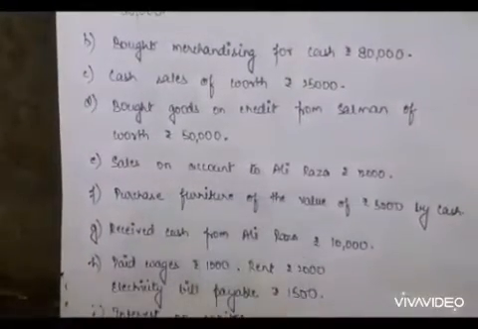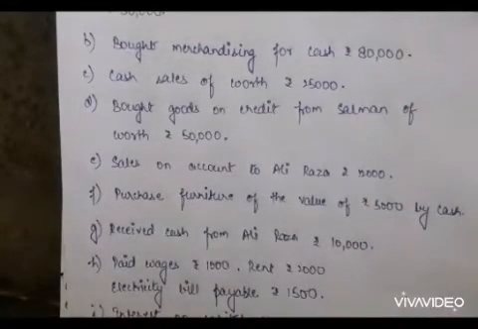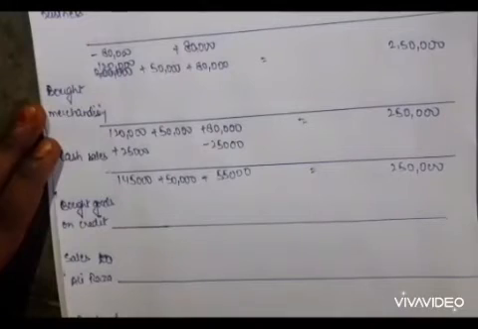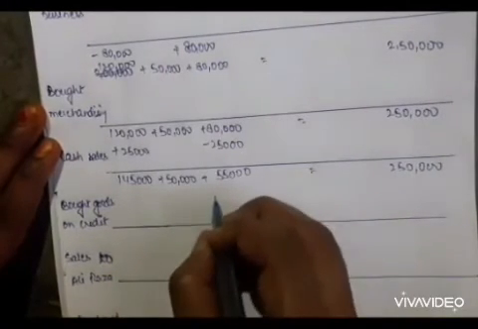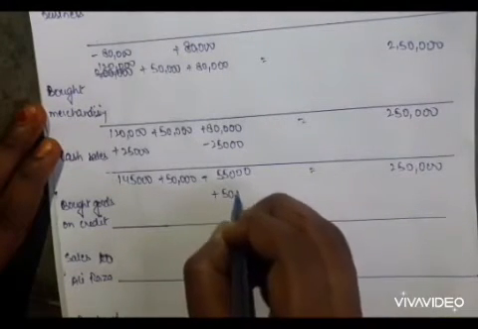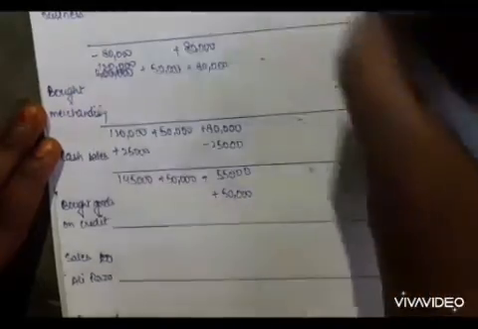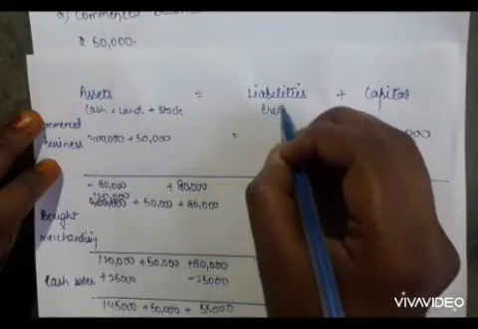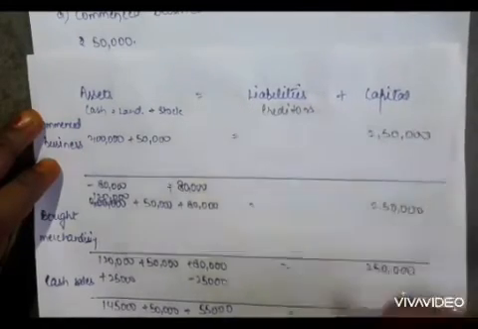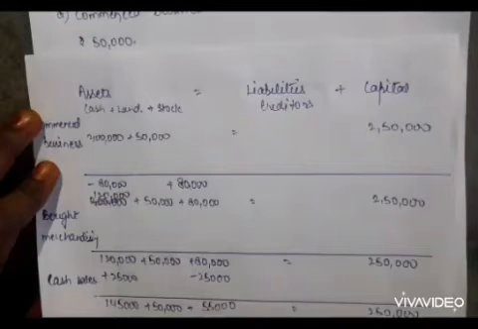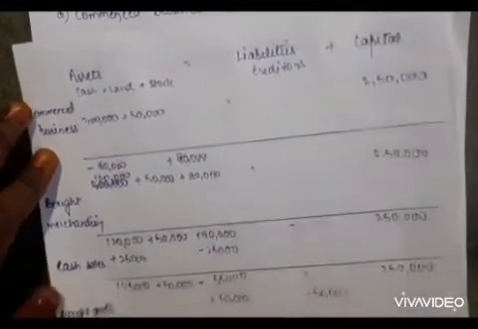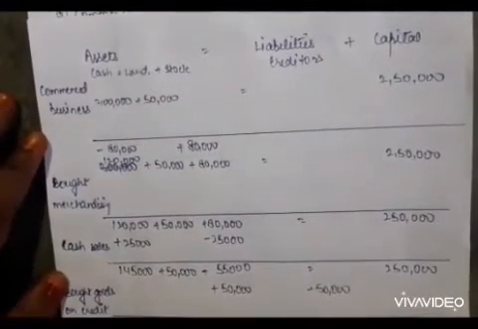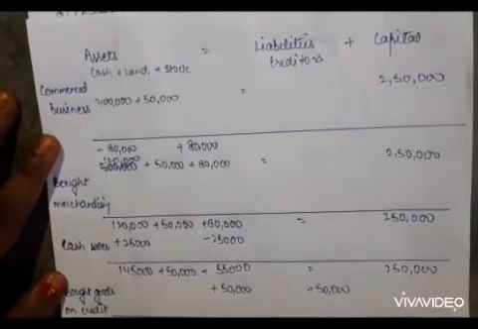Okay, now the next transaction we have is bought goods on credit from Salman for rupees 50,000. You are purchasing the goods from Salman, and that is of rupees 50,000. So what will happen here? In this case we are purchasing the goods, so in the stock part we are going to add it, and because we are purchasing it on liability, in the liabilities column we will make one column of creditors, and we will write the amount 50,000 there.